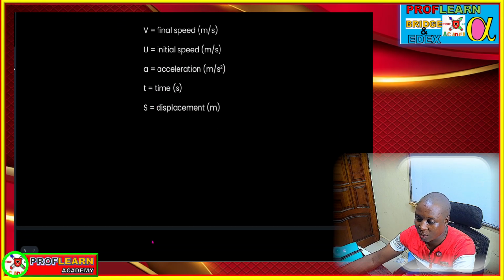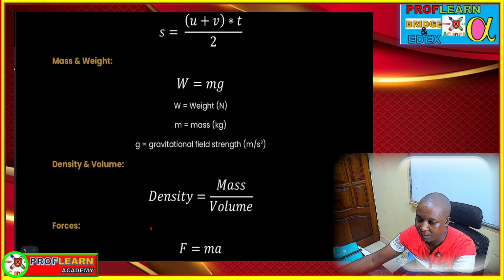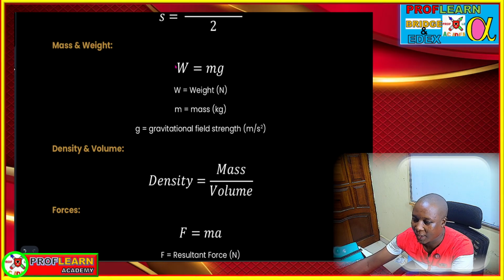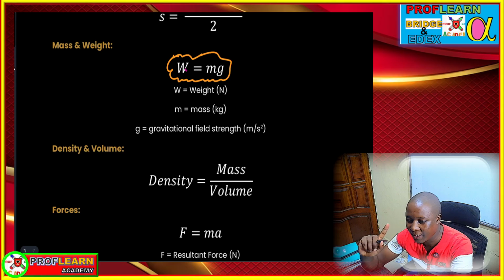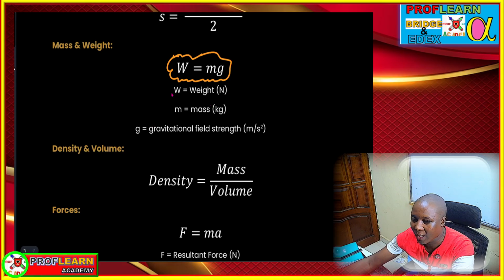We also need to understand that weight is calculated by mass times gravity. That's another key formula you need to understand. Maybe you are told a mass is 2 kg and you are supposed to calculate the weight. Then you need to know the gravitational field strength, which value of g is given.